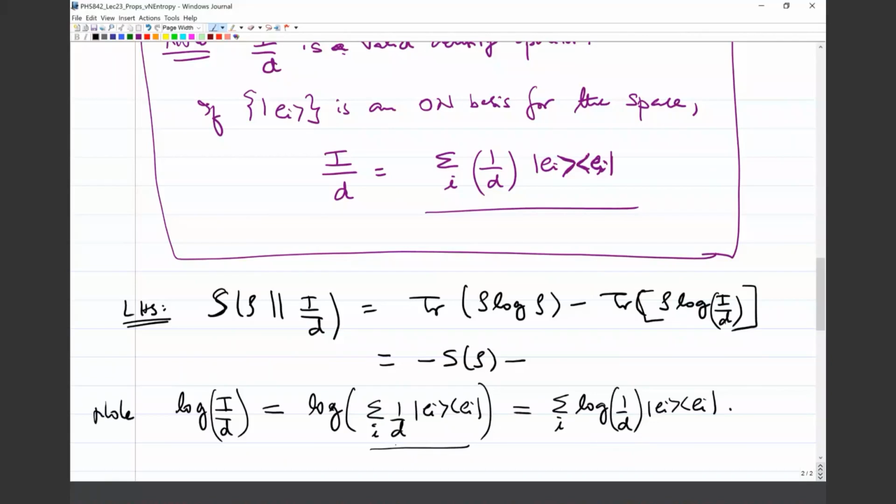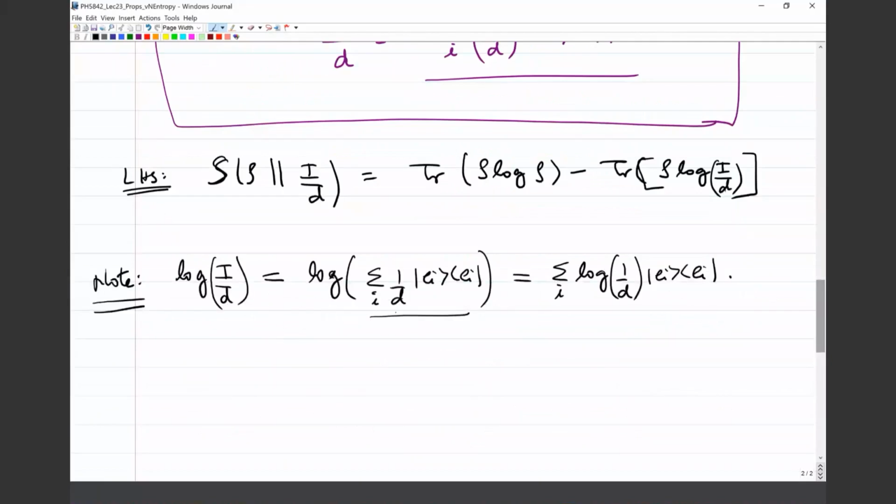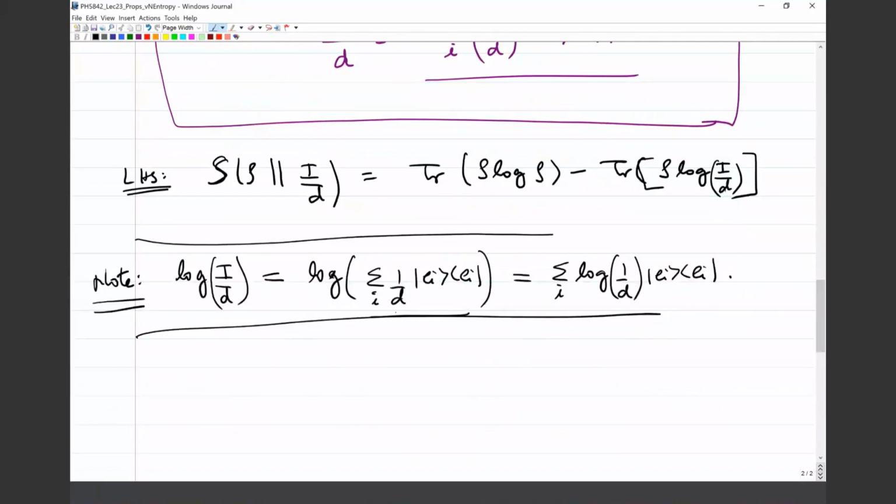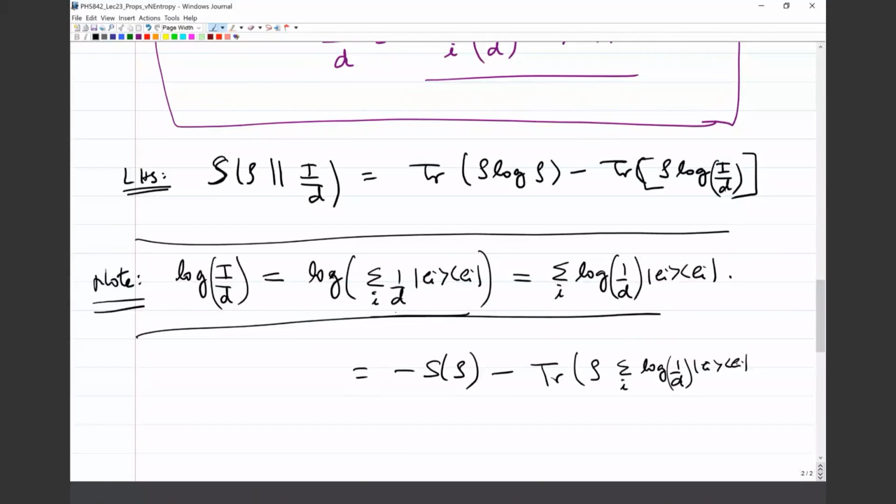So do you see this? If there are questions about this, ask me, but this is the crucial step. And then that's it. So you have minus S of rho minus trace rho times sum over i of log 1 by d, |e_i><e_i|.